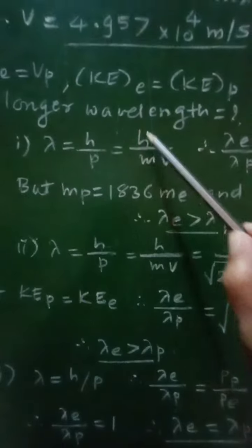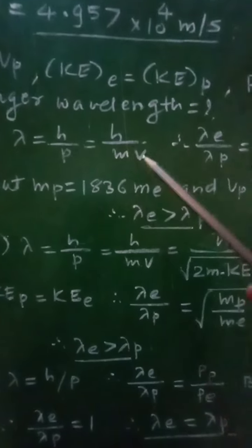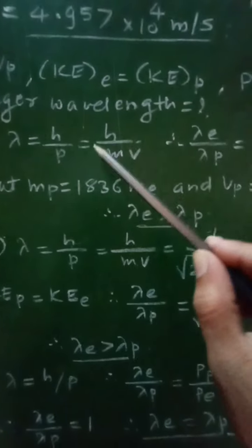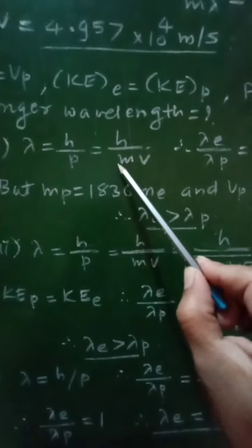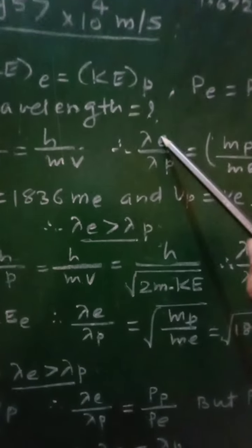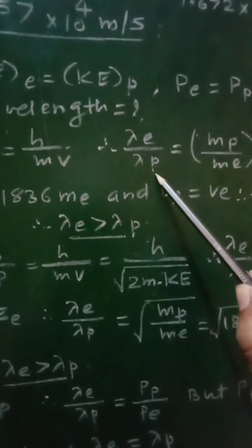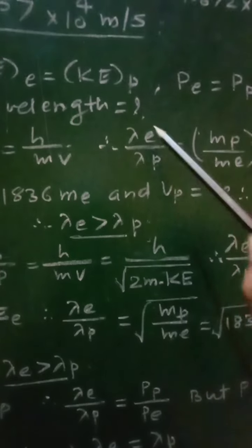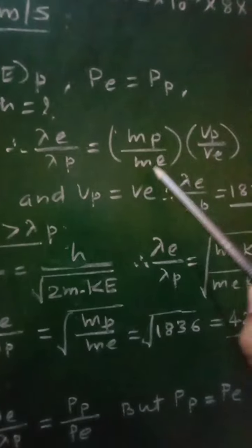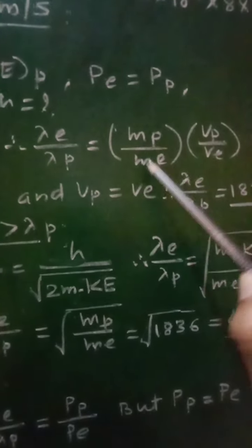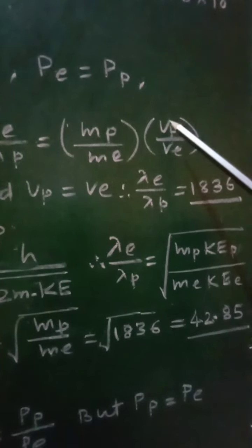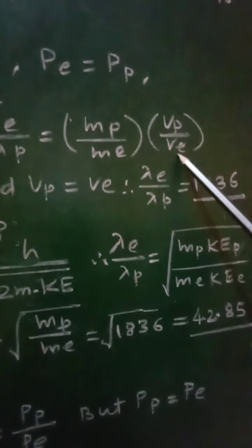As h is constant, therefore lambda will be inversely proportional to m as well as v, and therefore lambda e upon lambda p, that is wavelength for electron upon wavelength for proton, will be equal to m_p upon m_e, mass of proton upon mass of electron, into v_p upon v_e, that is speed of proton upon speed of electron.